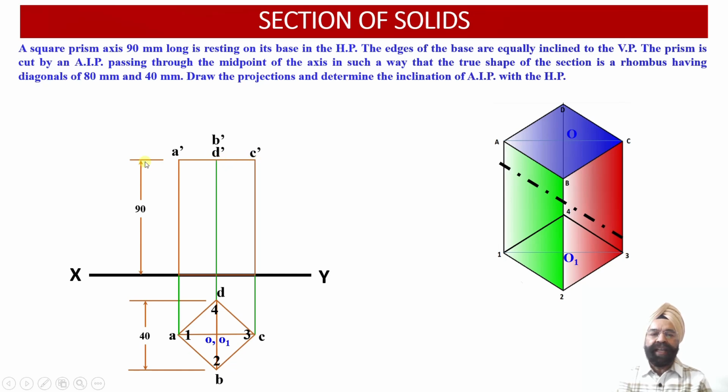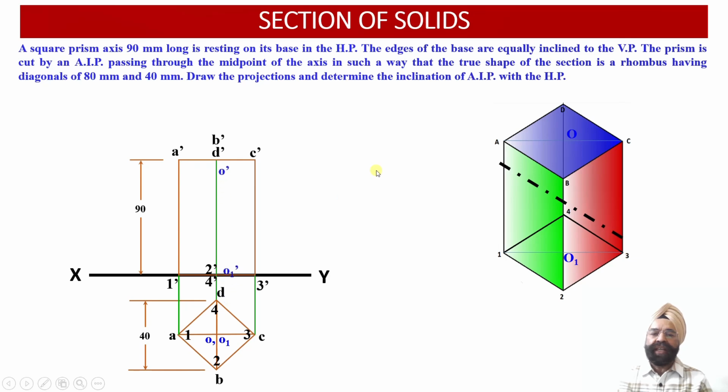They have been obtained at a height of 90 millimeter from the XY reference line. So these points represent the projections of the top face of the square prism. Similarly, corresponding to the base, point 1 has been projected as point 1 dash onto the XY reference line. Points 2 and 4 have been projected as 2 dash and 4 dash onto the XY reference line. And point 3 has been projected as point 3 dash onto the XY reference line.